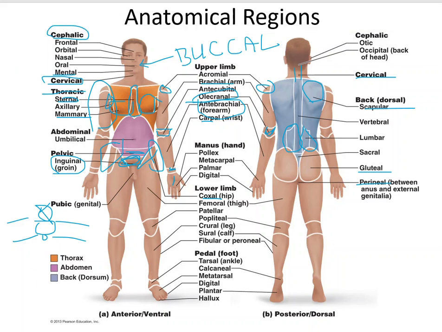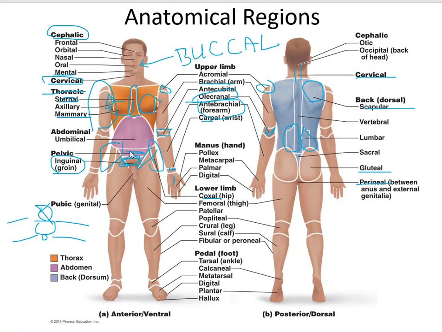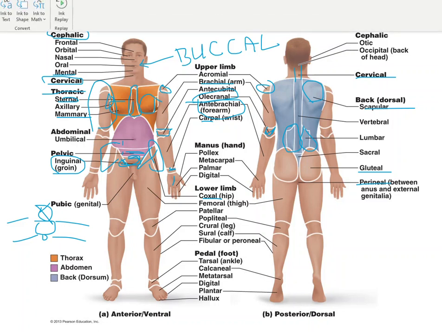Well, why aren't you working, eraser? Ah, well. Let's go back. Pelvic, in any case, it's going to be this region. I need to put my drawing back. Sorry, guys. Still getting a little used to this software.